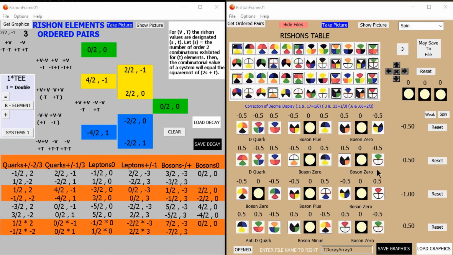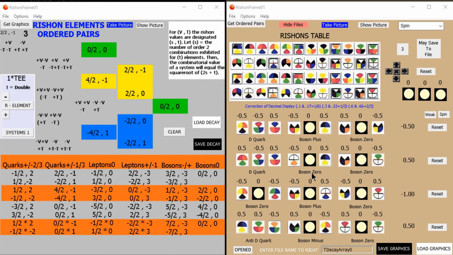Let's look at the decay product. And again, we can look at the boson 0. It's scalar, contributes nothing to the electric charge, and also this boson 0 here, one having the flavor charge, which again we'll talk about in a different video.